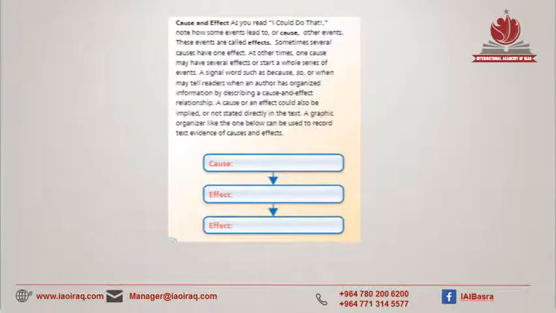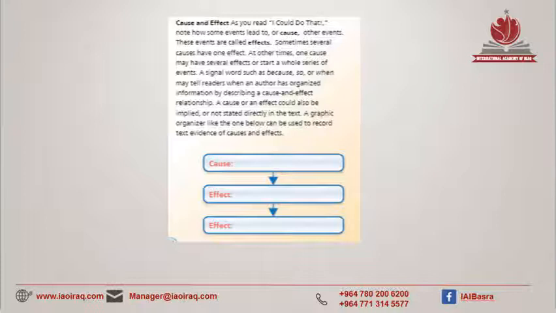Fantastic. So the main thing they want us to look at when we're trying to analyze this text is cause and effect. As you read, note how some events lead to or cause other events. These events are called effects. Sometimes several causes have one effect. At other times, one cause may have several effects or start a whole series of events.